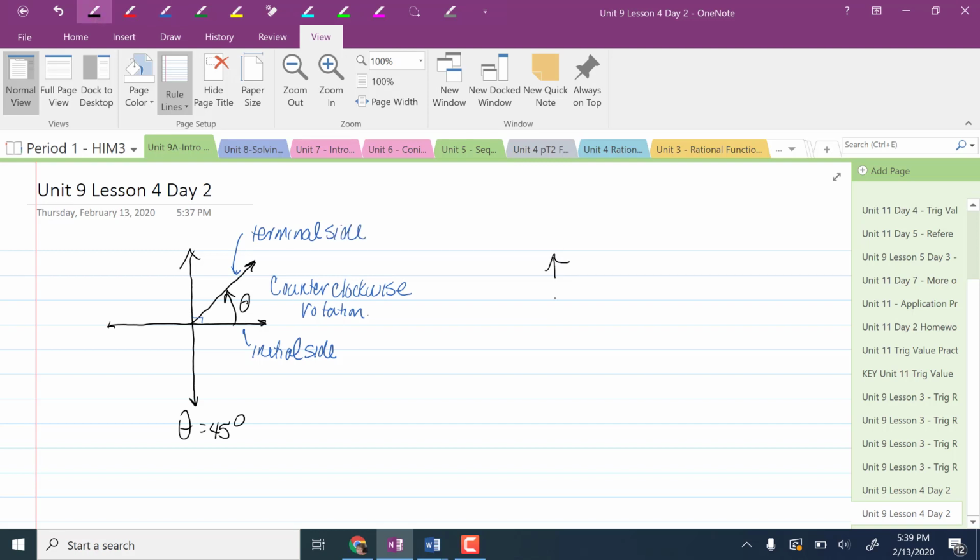And then I could draw a second angle in standard position, again from the initial side, terminating in that same quadrant 1, but this time the measure of this angle is negative 315 degrees. Again, same initial side.